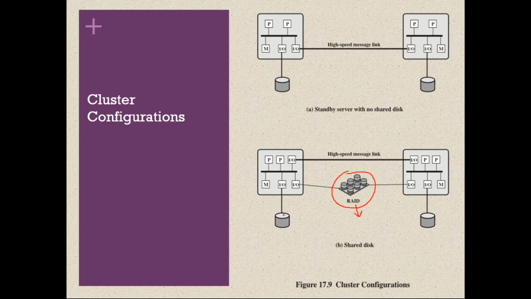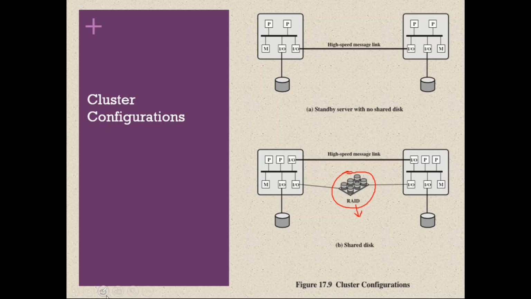So here, apart from the individual disks of each node, there is also a shared disk. These shared disks are nothing but RAID. So there is a redundant array of inexpensive disks which is shared by both the nodes, or any number of nodes in the cluster may share this common disk.